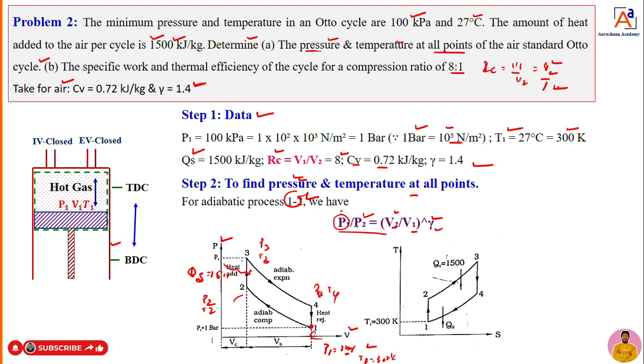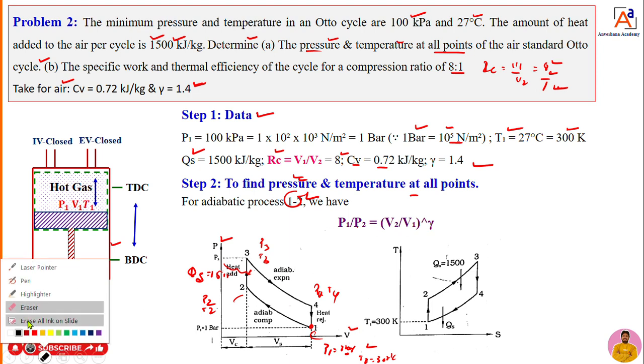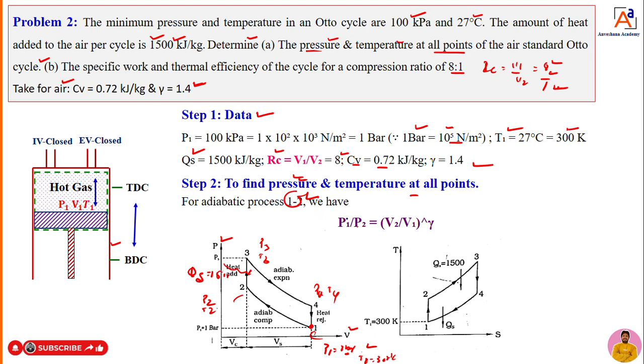P1 he has given, the V2 by V1 ratio he has already given, gamma also is given, but the only unknown is P2. So P1 pressure at point 1 divided by P2 is equal to V2 divided by V1 to the power of gamma. This is the relation I can use for adiabatic compression.